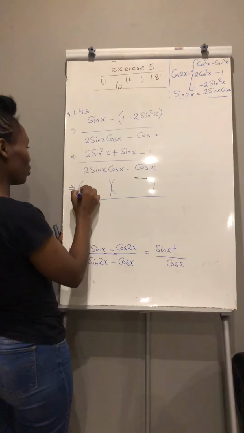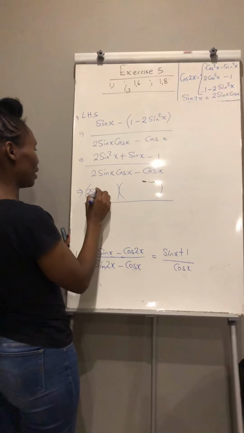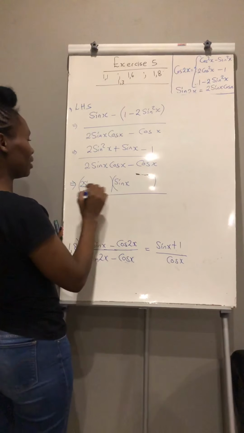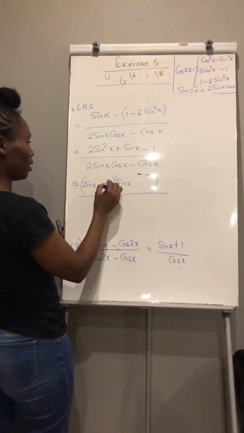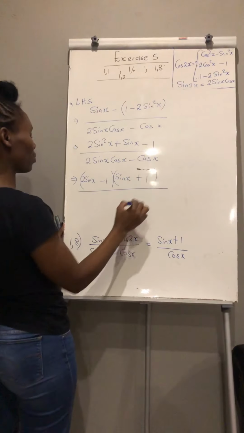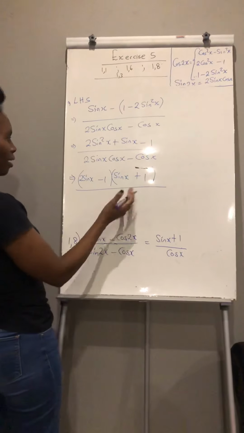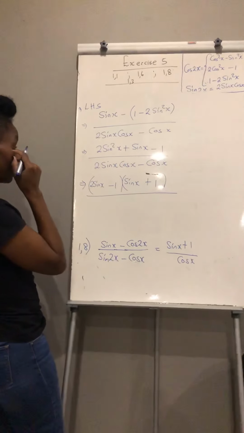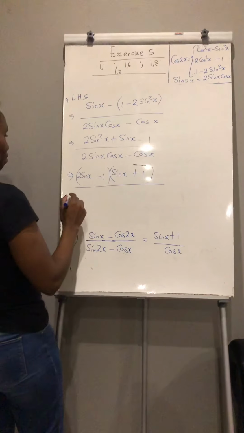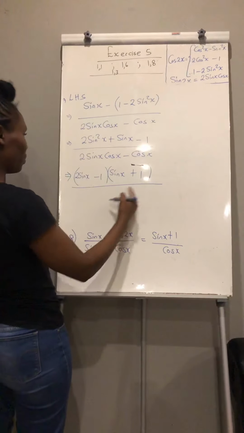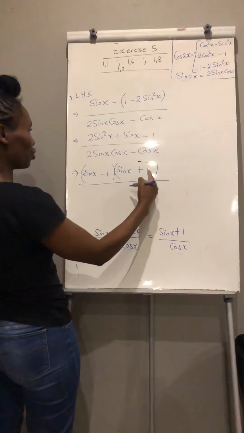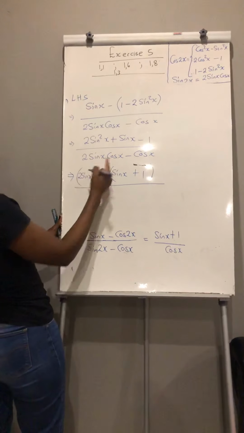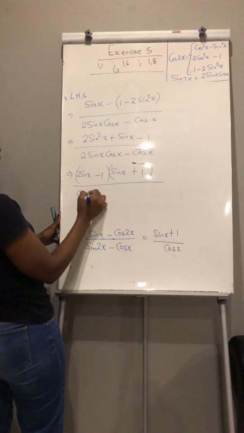So of course we should have 2 sine x, and then we also have sine x here, and it should be -1 and then +1. That should be the factorization. Remember, you should be able to easily factorize that one. You should also be able to check if you're right, because you don't want to carry on with incorrect factorization. So in this situation, I'm going to carry on with cos x.